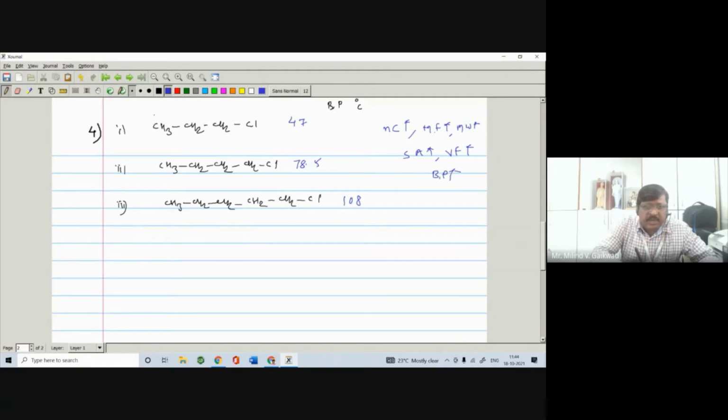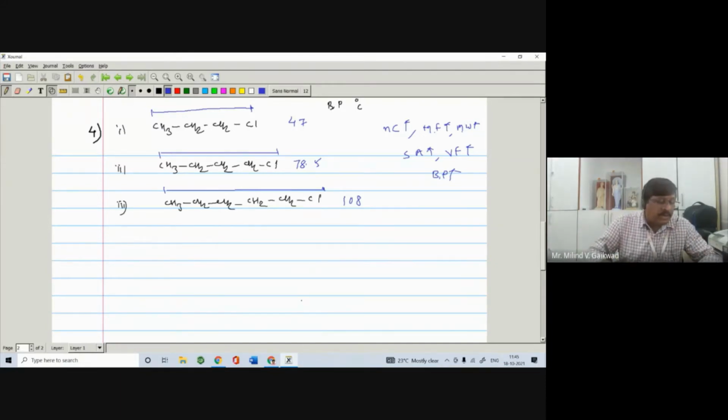If you see the surface area of this compound, and then when you increase carbon, the surface area increases, and again in this one the surface area also increases. As the surface area increases, the van der Waals force of attraction also increases. That's why the boiling point also increases. So this is about the boiling point of these compounds.